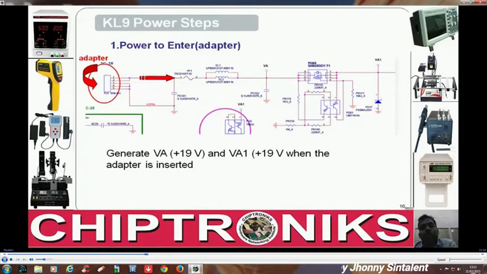Please open your schematic diagram of Lenovo Y470 and Lenovo Y570, the adapter section, and there you can find these things. The adapter is inserted over here, it will drive a current across it, and this VA is generated. VA, that is voltage adapter, and VA1, it generates VA and VA1.